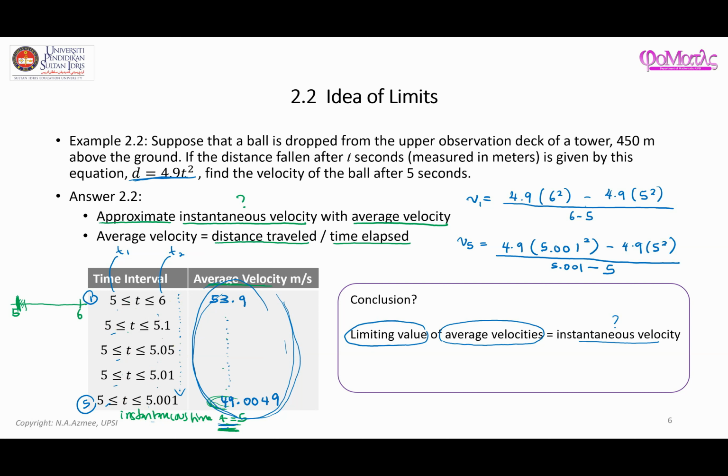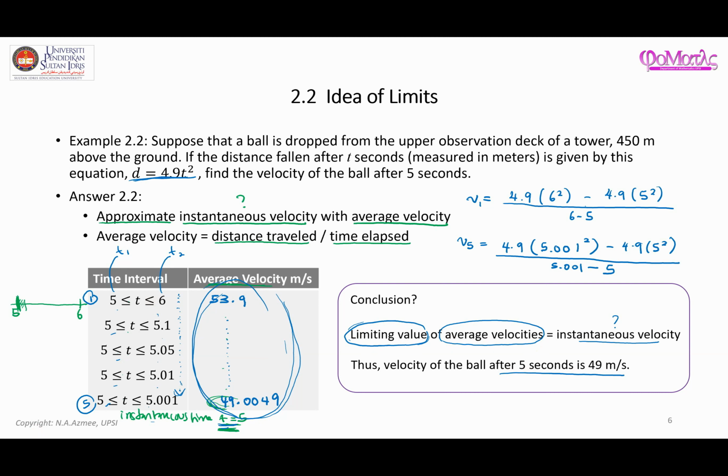So we are talking about the limiting value. We are talking about the process of seeing a certain value get closer and closer to another value. So the whole process here is the limiting value of average velocities. And finally, you can say that therefore the velocity of the ball after 5 seconds is about 49 meters per second.